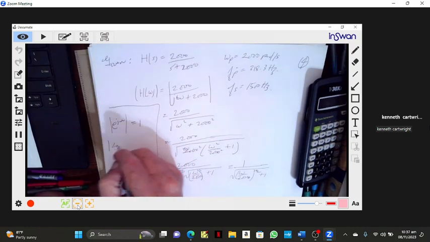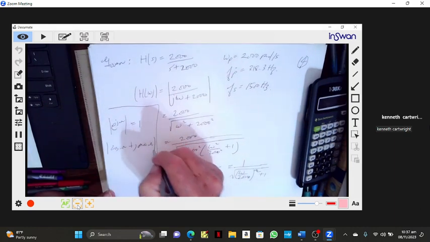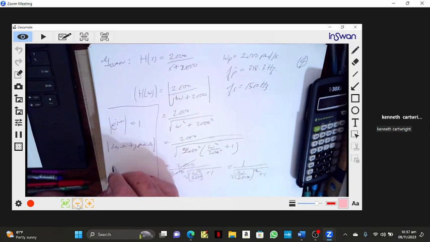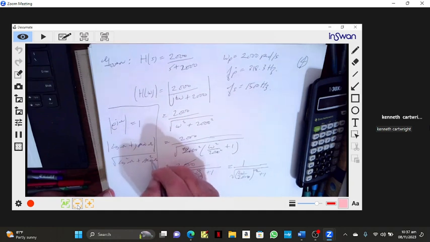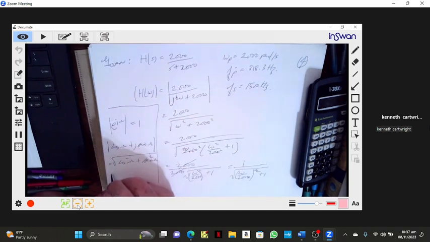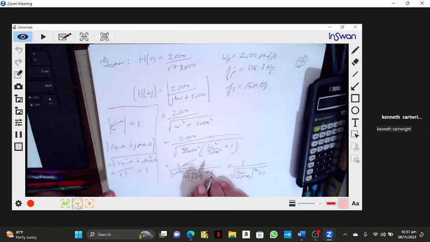Because this is the magnitude of cosine omega plus j sine omega. So that's the square root of the real part squared and the imaginary part squared. And from math, cosine squared plus sine squared equals 1. Square root of 1, which is 1.